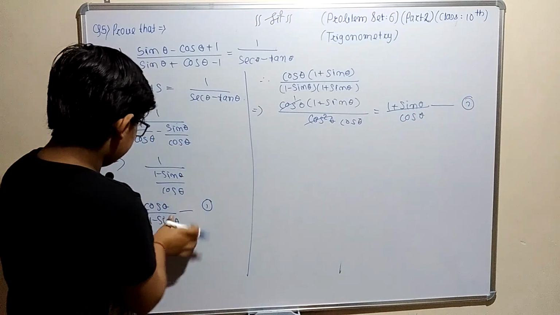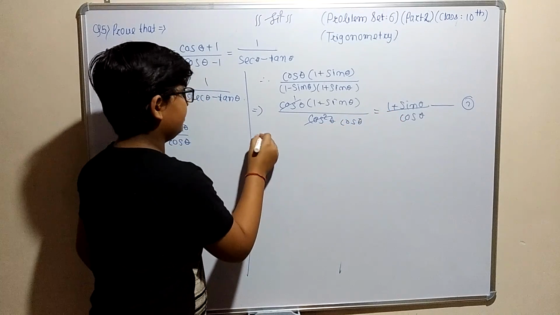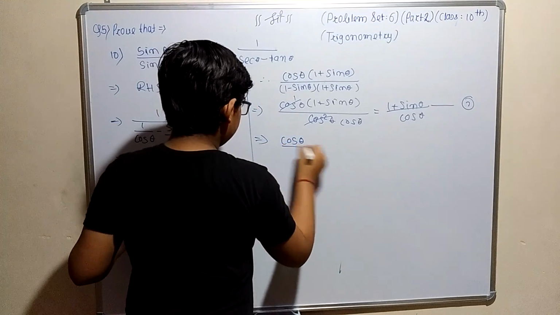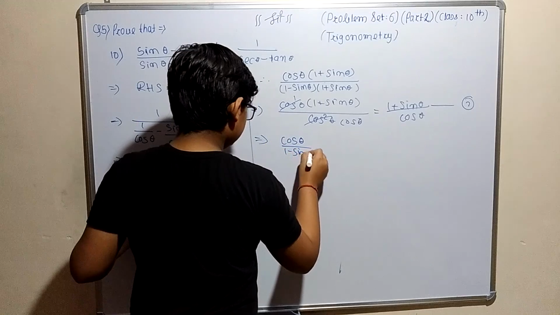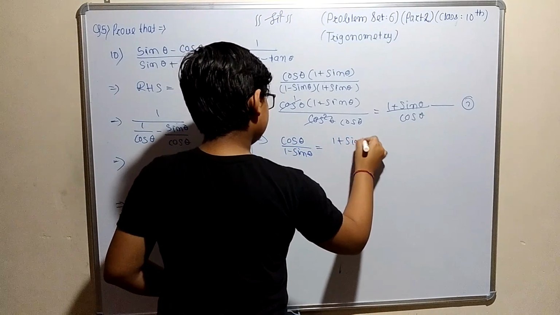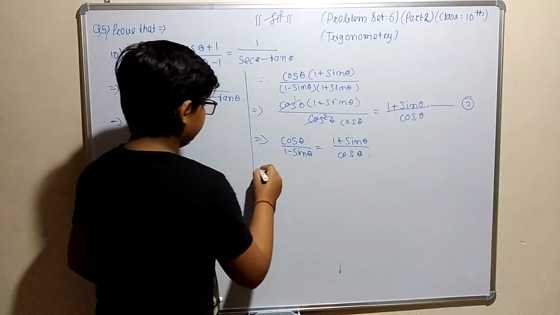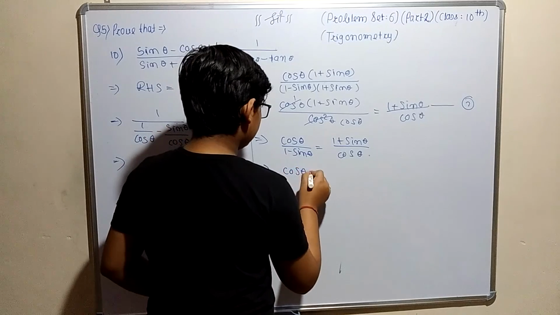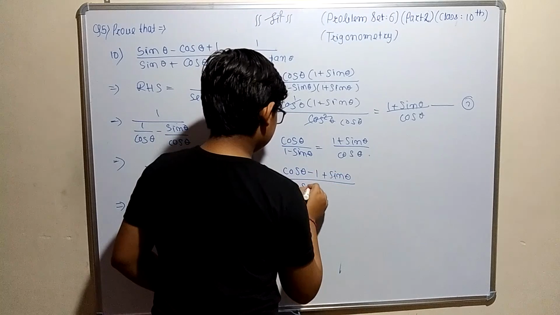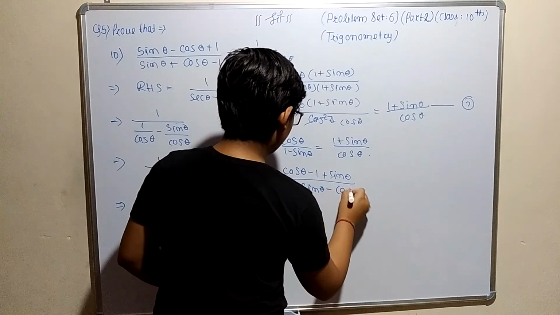Now since this equation and this equation are the same, by equating both equations we can say that cos theta divided by 1 minus sin theta is equal to 1 plus sin theta divided by cos theta. Now by using the theorem on equal ratio we can say that cos theta minus 1 plus sin theta divided by 1 minus sin theta minus cos theta.